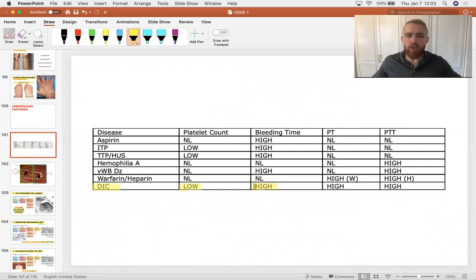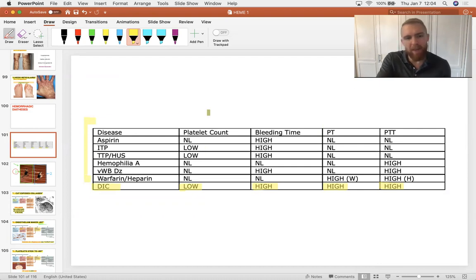There's so much systemic endothelial damage that your platelets are just grabbing on everywhere. There's also so much clotting going on that both your intrinsic and your extrinsic factors are depleted. So PT and PTT, both are prolonged, elevated. That sets DIC apart from every other pathology that we've talked about in this SDL.